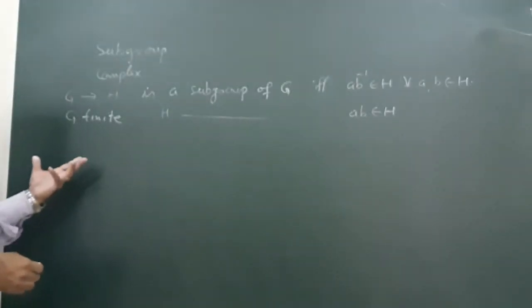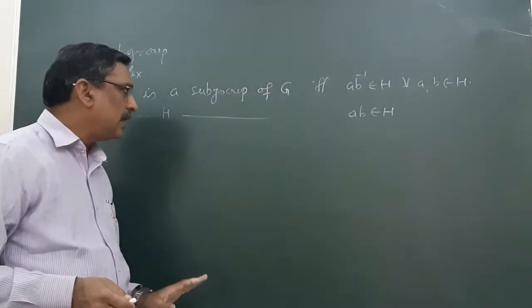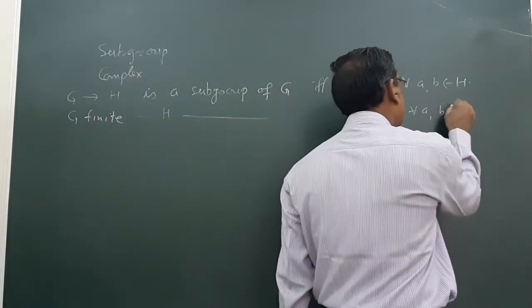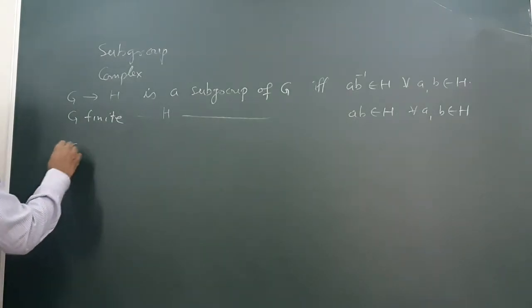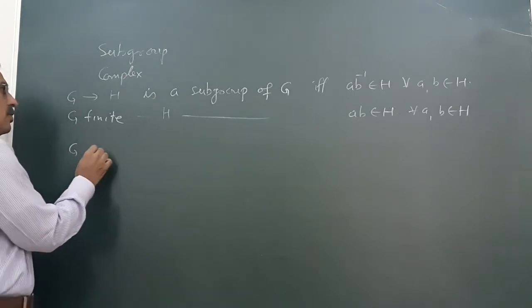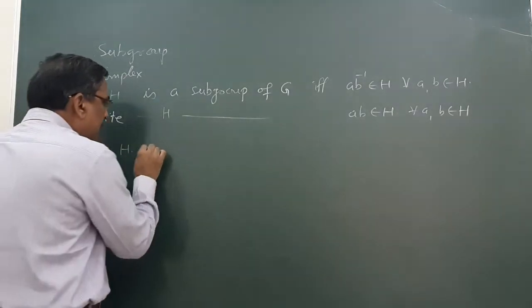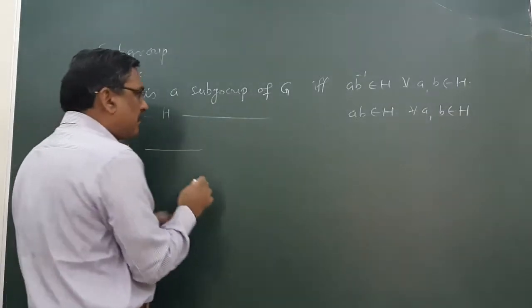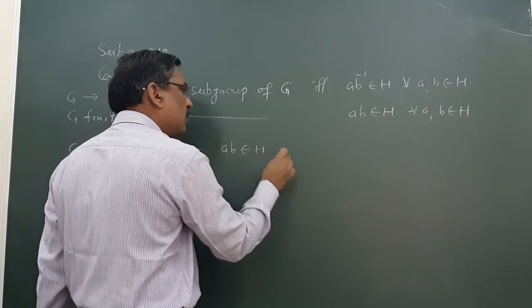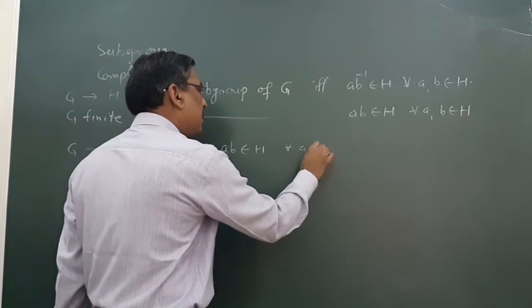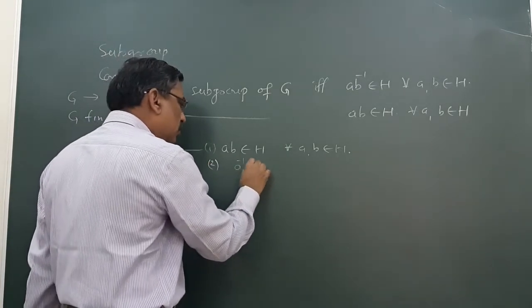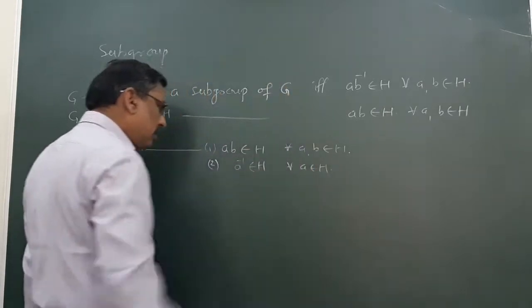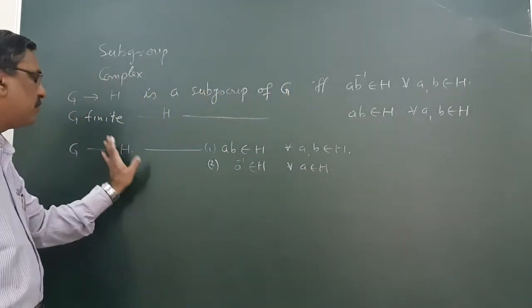And with the combination of these two results, we also proved that if G is a group, whether finite or infinite, and H is a subset, then this subset will be a subgroup if ab belongs to H for all a and b belonging to H, and second, a inverse belongs to H for all a belonging to H. Means we have to prove these two results, then H will be a subgroup.